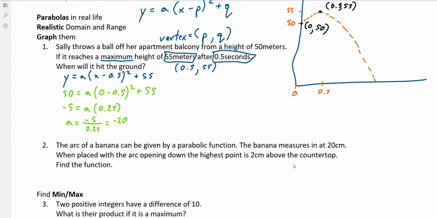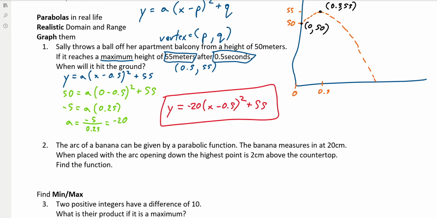So we have negative 20 here, so that is our a value, and so now all we have to do is rewrite that in. So y equals negative 20, x minus 0.5 squared plus 55. And that is our function.